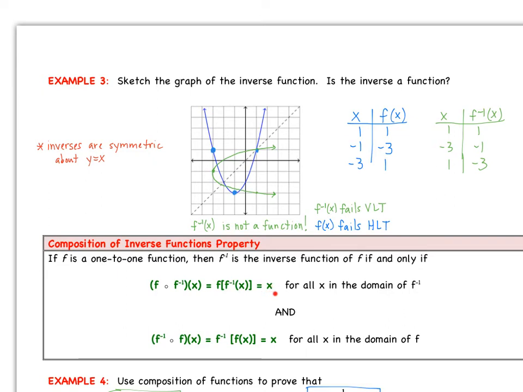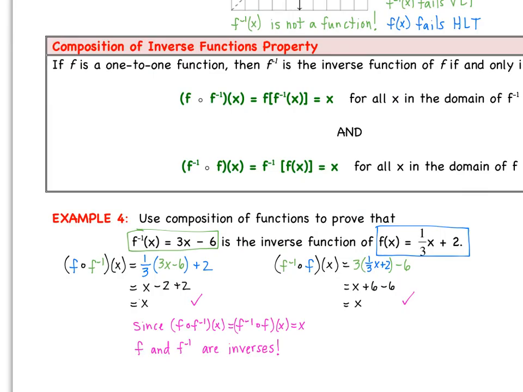So when it simplifies, we get x, okay? And then the reverse. If I take f and I compose it within f inverse, so f inverse of f of x equals x. So let's look at an example of how this works out.